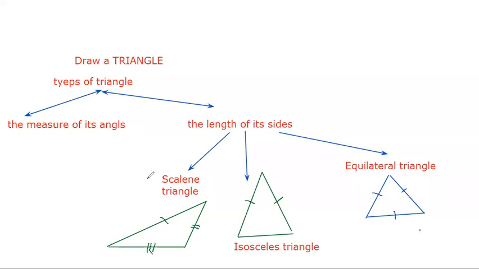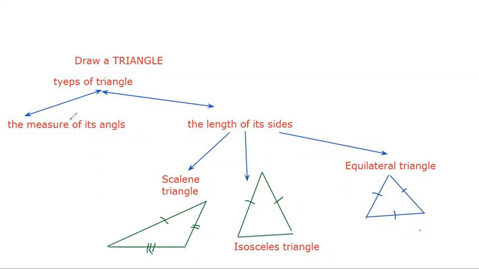So once we want to classify a triangle according to the length of each side, the first one is equilateral triangle, the second one is isosceles triangle, the third one is scalene triangle.